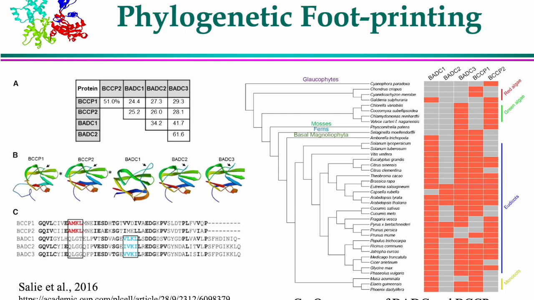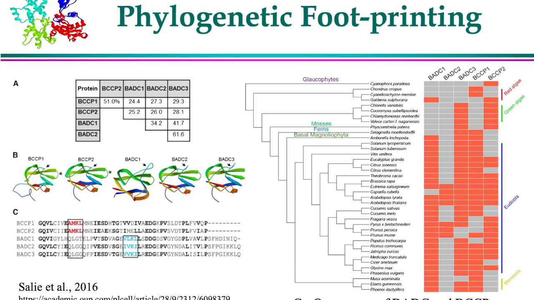But then in the BADC group, you see an emerging new pattern. So this probably suggests some function in BCCP1 got lost, but some new function is acquired in BADC1. So you see that sequence alignment can really reveal things like that.